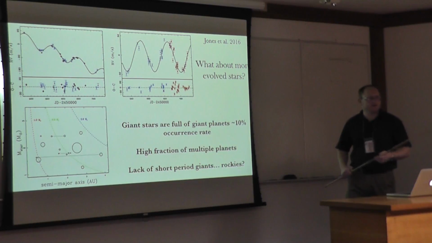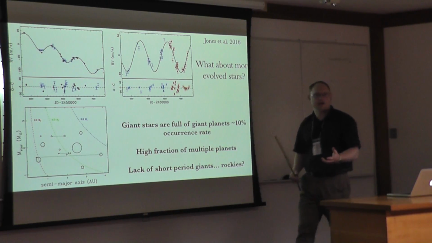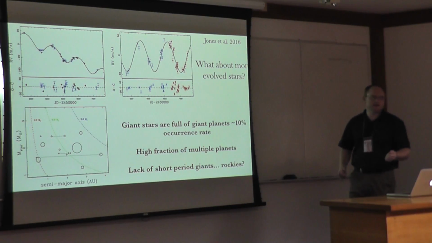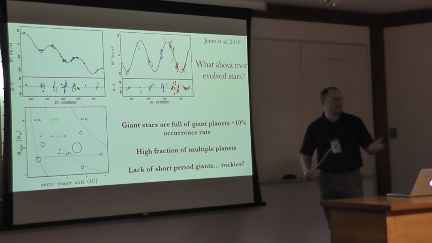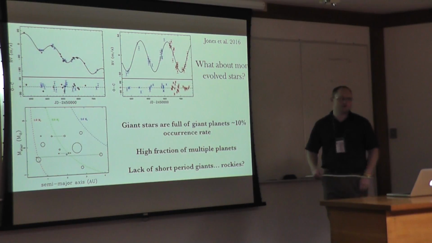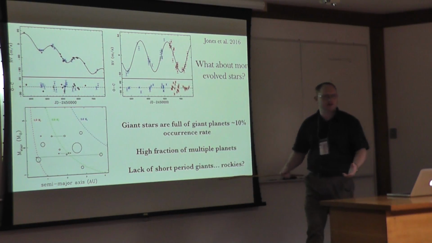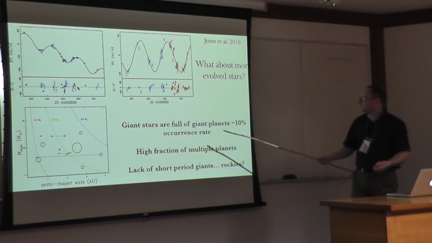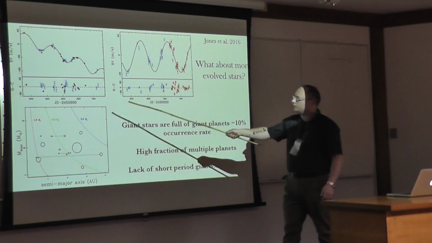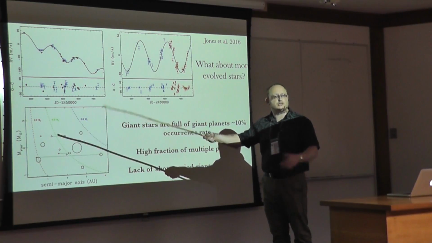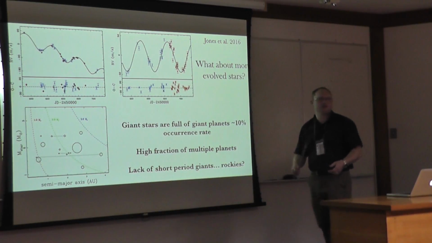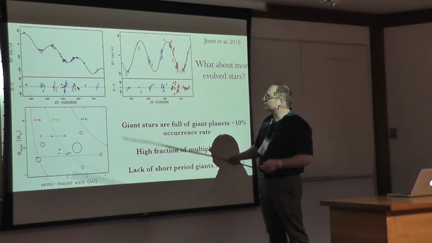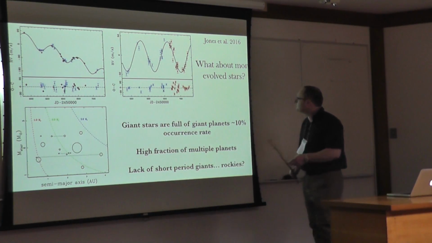We can't find planets by radial velocities, and I'll mention this tomorrow, around hot stars, just because there are none of these nice iron lines. It's not blanketed by any lines to use to measure precise radial velocities. So we wait until they evolve across to become giants, and they've spun down as well, so they're nice slowly rotating objects, and then we can see enough lines that we can actually measure radial velocities.